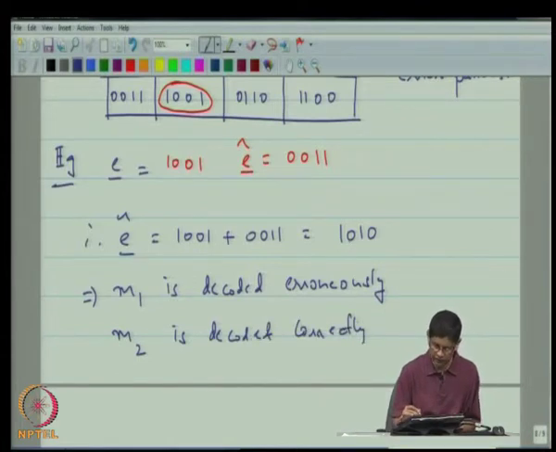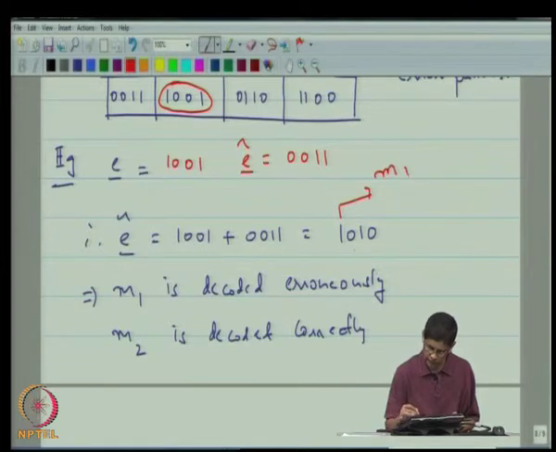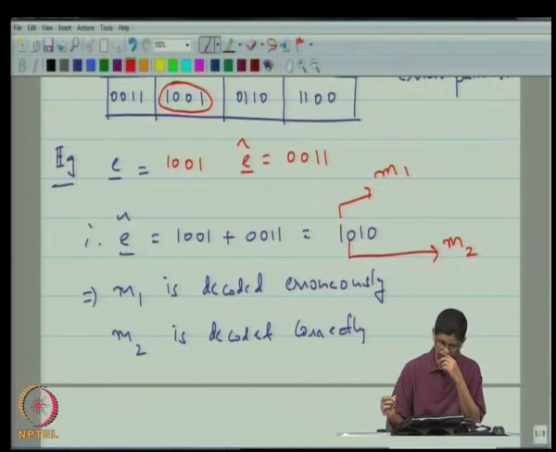The reason being that this symbol here corresponds to the first message symbol, and this one corresponds to M2.